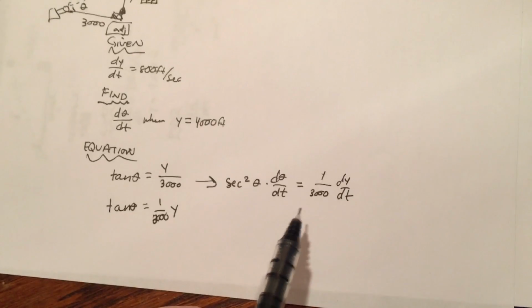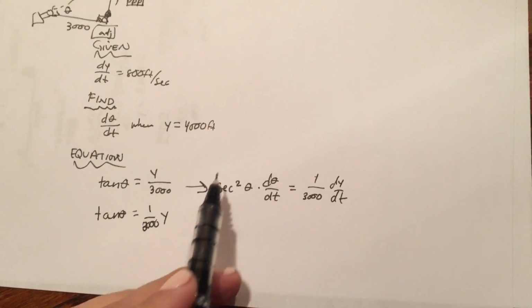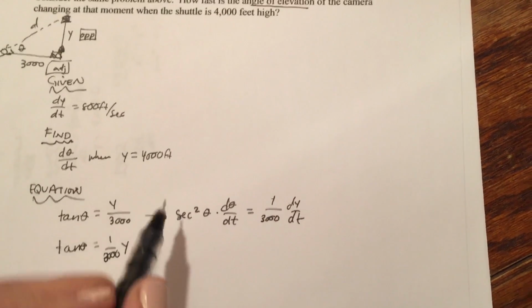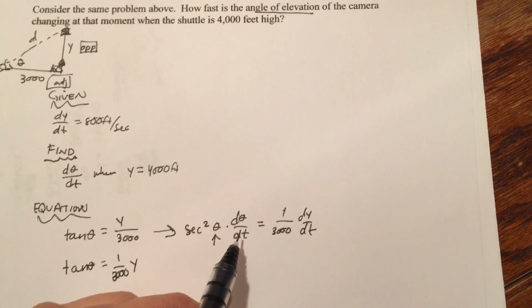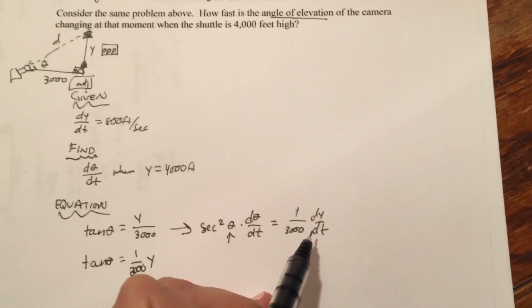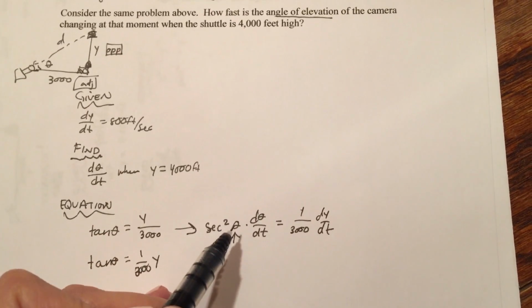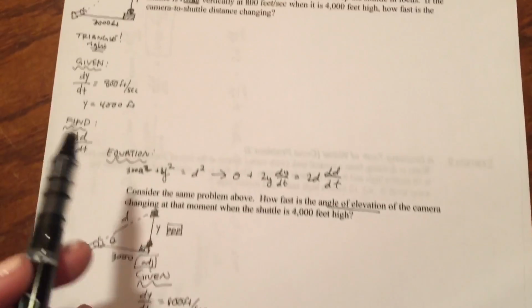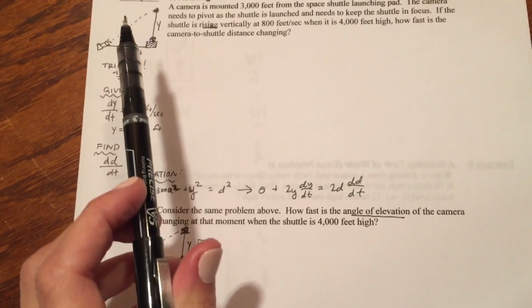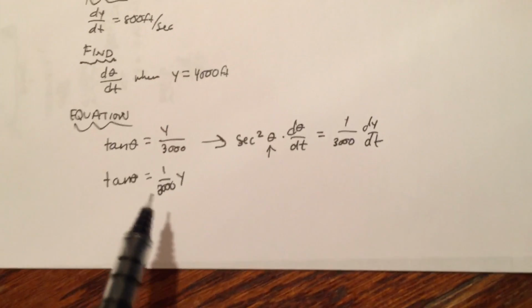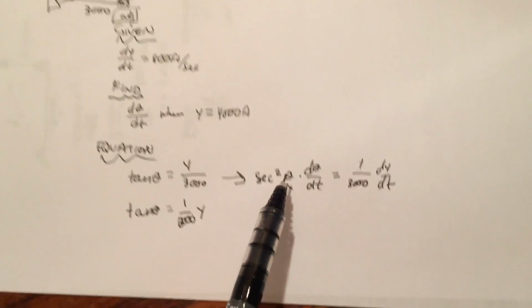Okay, sweet. Now we have this formula, okay? But what we don't have is theta, okay? We're looking for this, and we have dy dt that was given to us. How are we going to find theta? Now, in the part up here, we found our d variable, on a separate sheet of paper, by doing the Pythagorean theorem. So what can we use here to find theta?